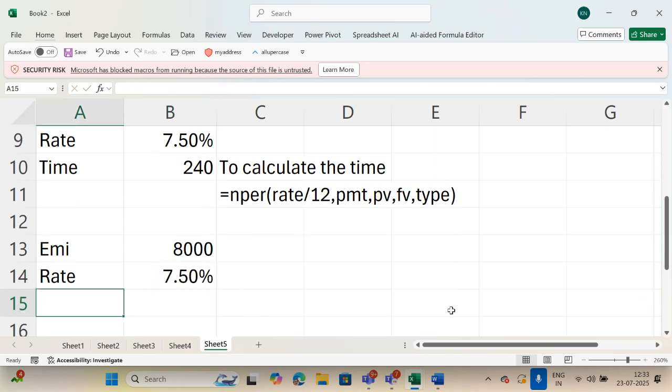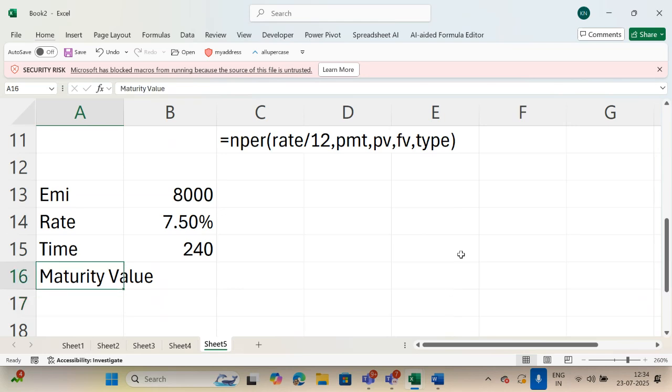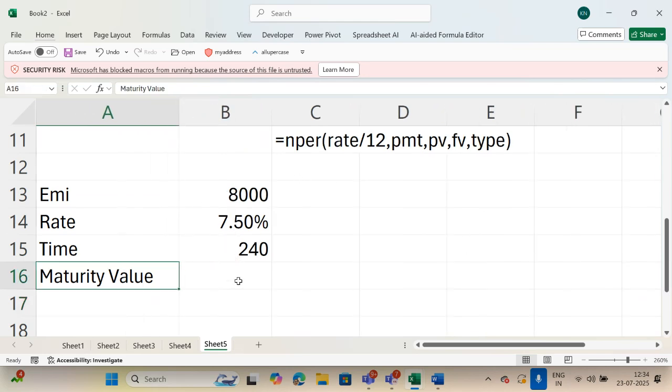And this is the time, for 240 months I'll pay. Now I want the maturity value. What will be the amount I will get after 20 years?